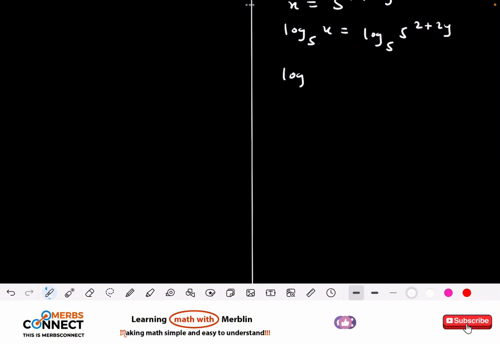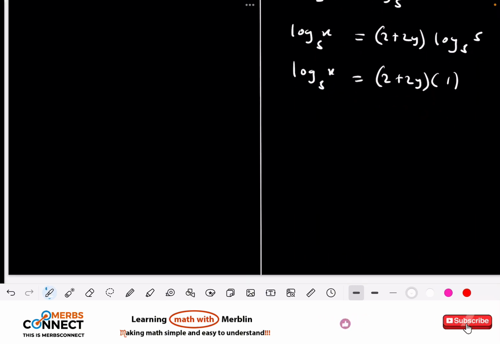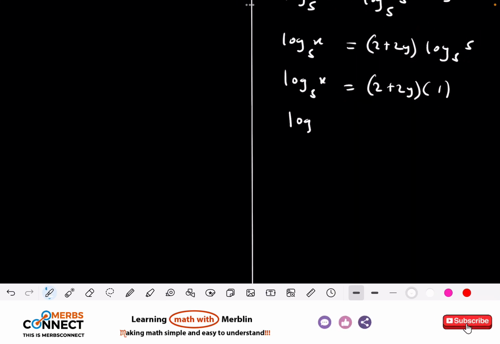So log of x base 5 is equal to 2 plus 2y, and log 5 base 5 is 1.